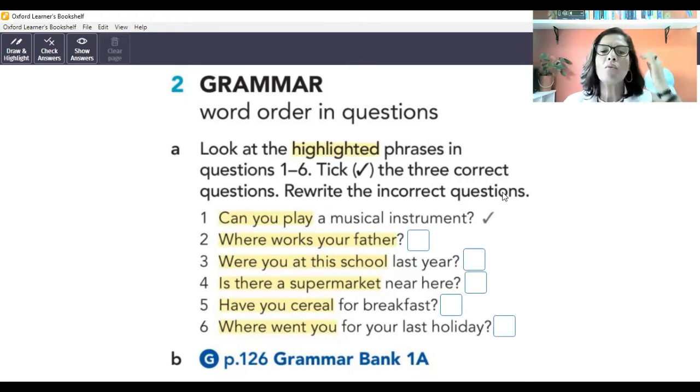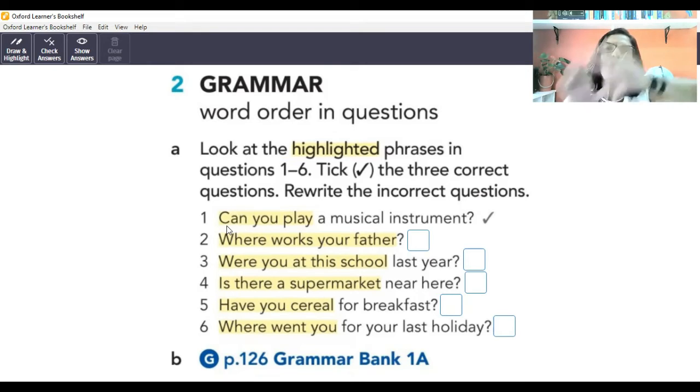Okay? So look at number 1. The number 1 is ticked. Can you play a musical instrument? Look, starting here with an auxiliary verb, because a modal verb is similar to the verb to be.